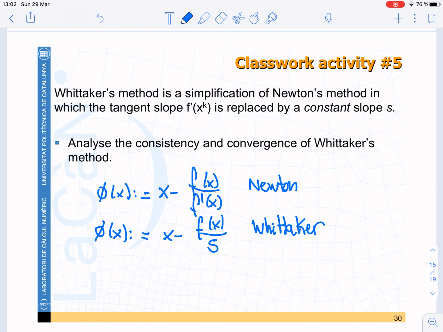Of course, each iteration is cheaper, we don't need to recompute the derivative, but what happens with consistency and convergence? This is left as homework.